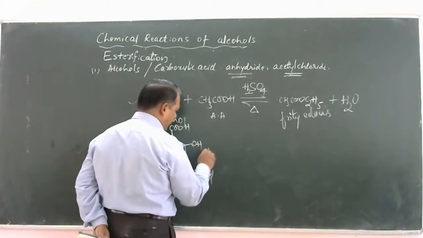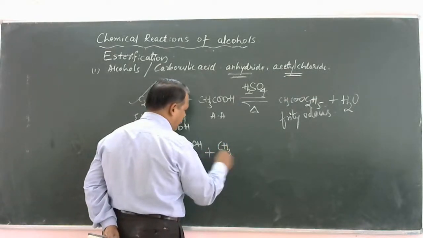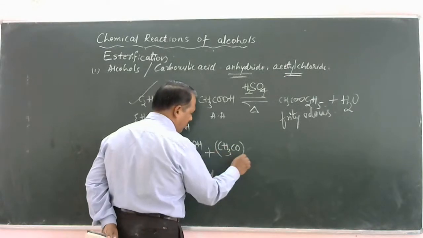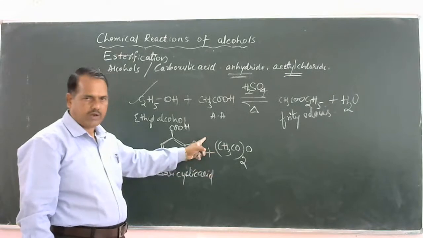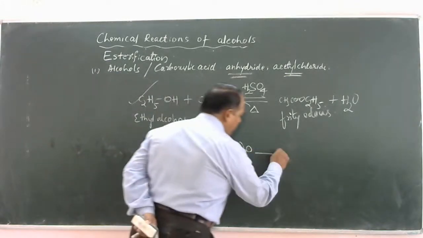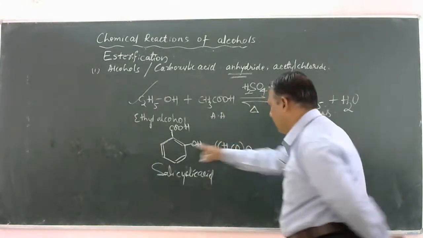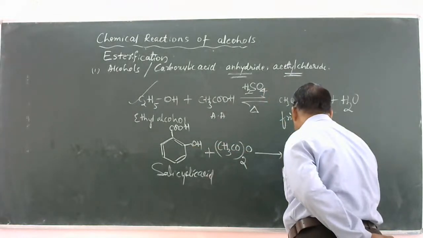When salicylic acid reacts with anhydride, (CH3CO)2O, so this is acetic anhydride. And we can say CH3.